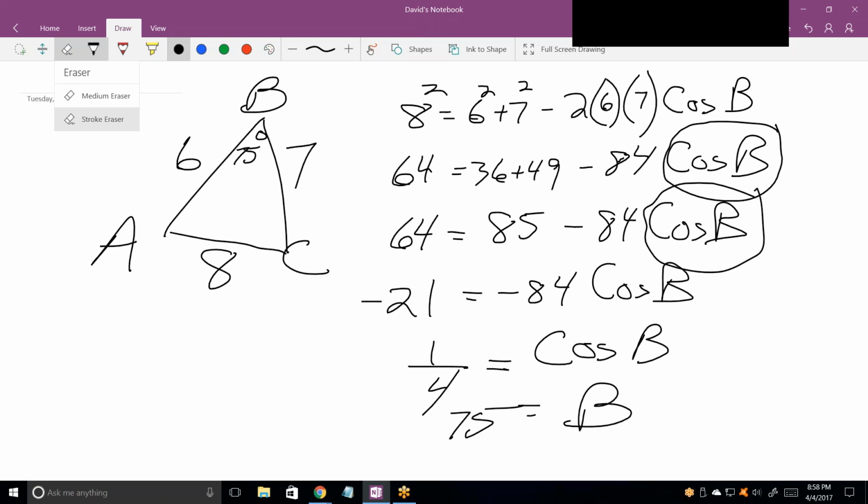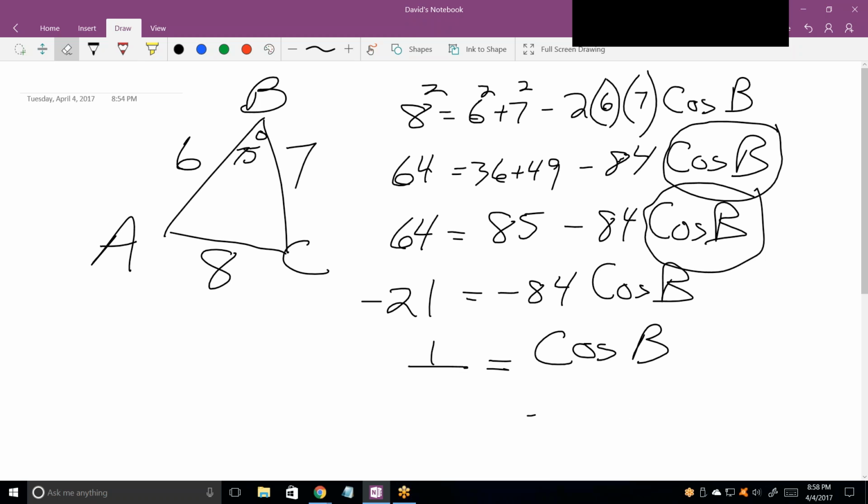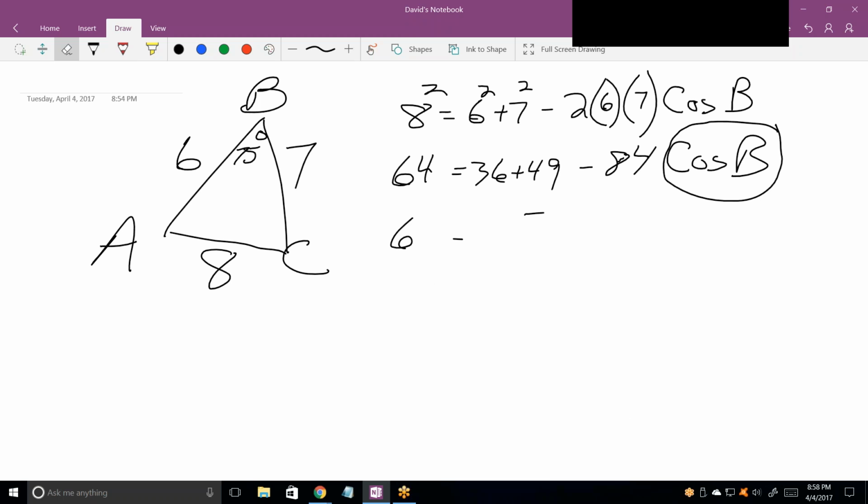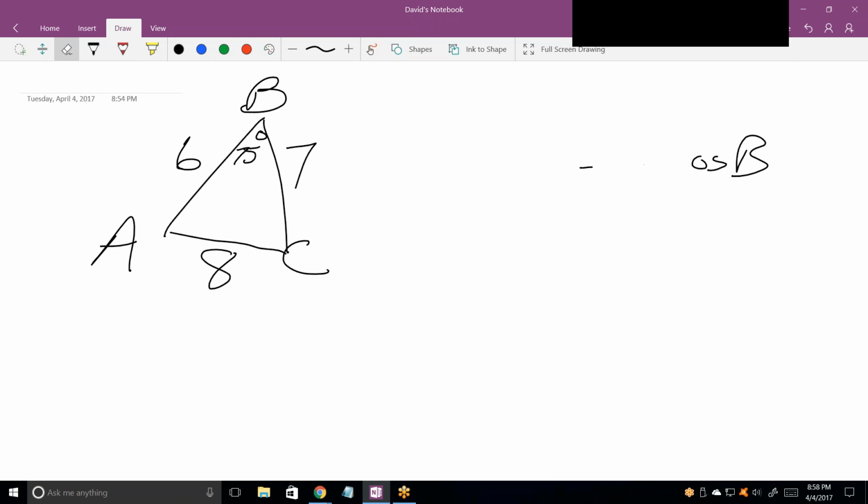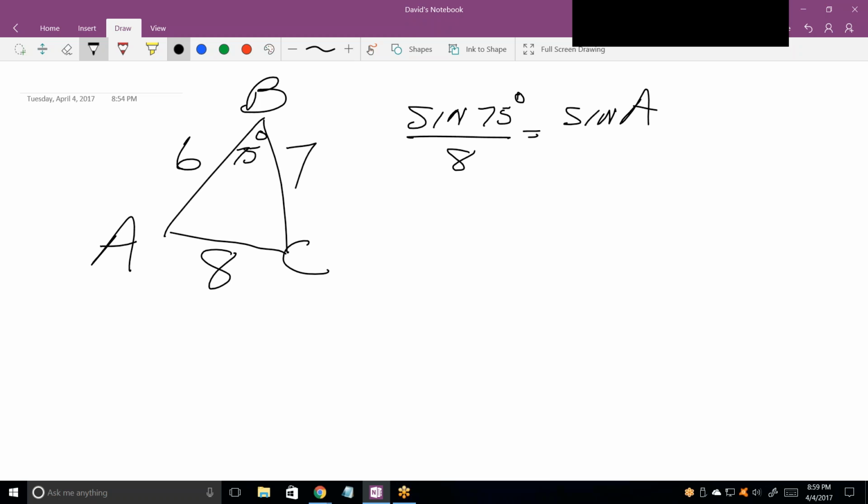Now, notice what we have. We have a triangle where we have an angle and its opposite side. That means I can finish solving this triangle using the law of sines. And that's always the case. So give me what I should write. Sine 75 over 8 equals sine of A over 7.